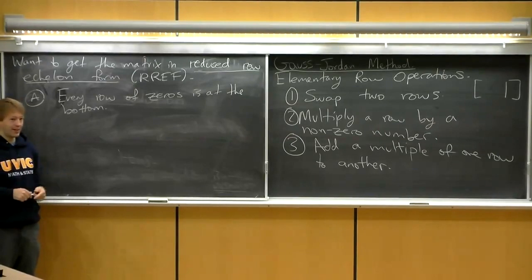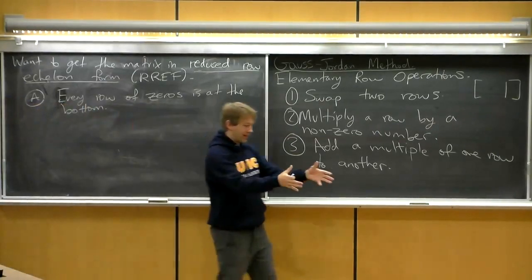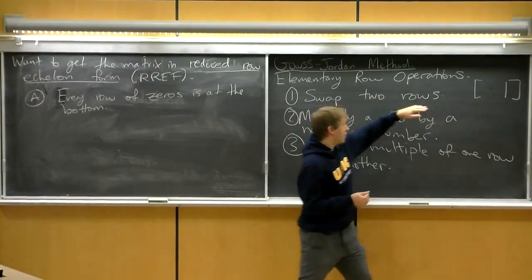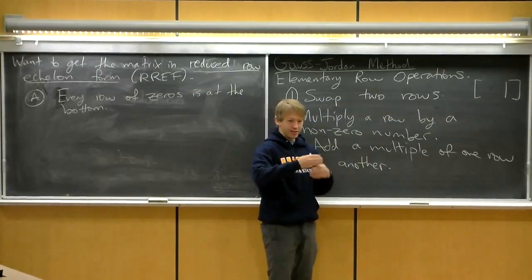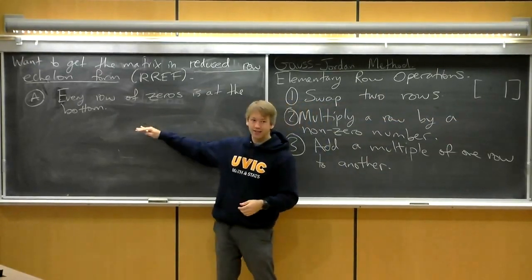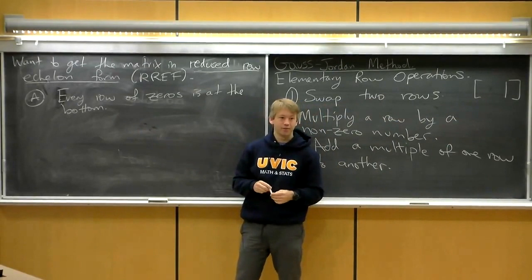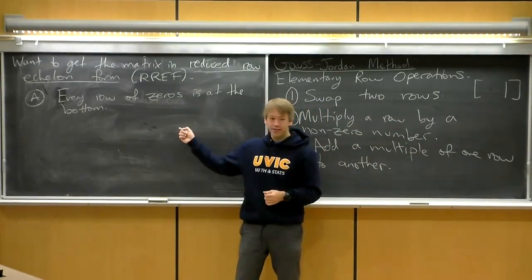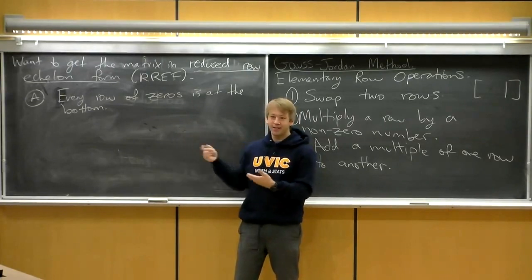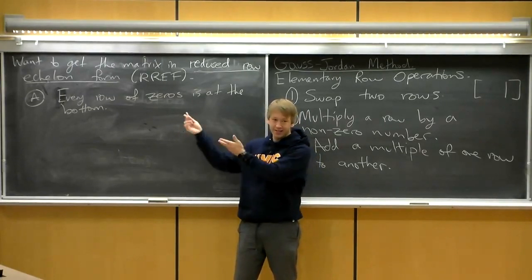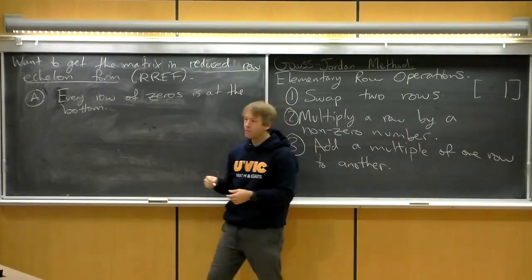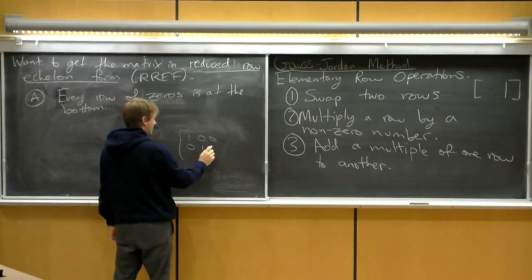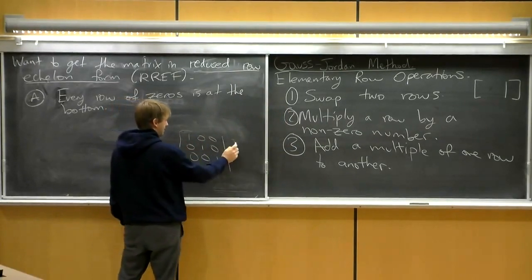You're trying to get it to look like this. You're going to be given some ugly matrix with a bunch of weird numbers in it, and you want to apply these rules in some order to get it like this. It's going to be ones and zeros. Last time we just focused on trying to get it like this, and then some stuff here.